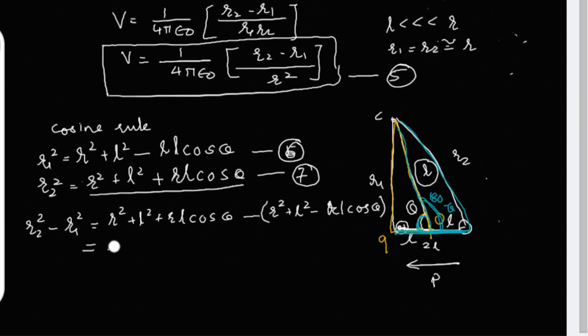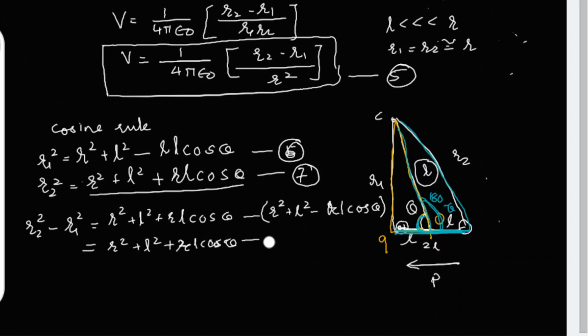Then I'll write here R square plus L square plus 2 R L cos theta, with the minus sign. Now I am multiplying this minus sign into this bracket.